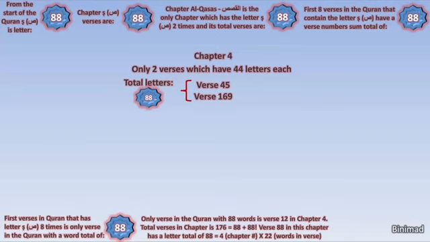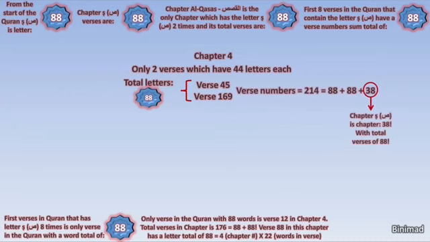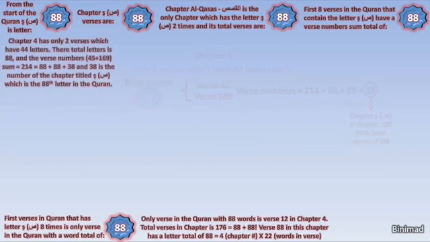This is supported when we notice that the total sum for the number of these 2 verses is 214, which equals 88 plus 88 plus 38, and 38 is the number of chapter Sad, with its title being the letter Sad itself, and total verses 88.